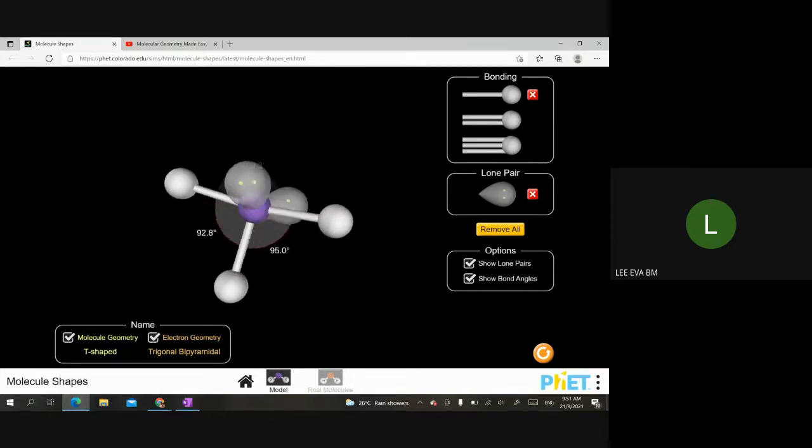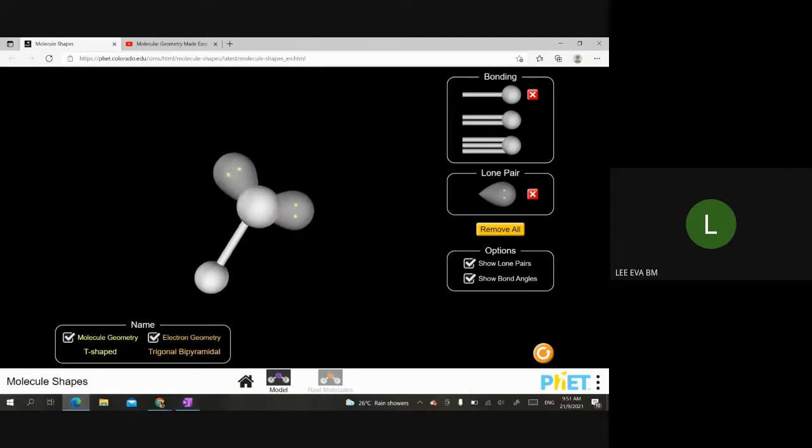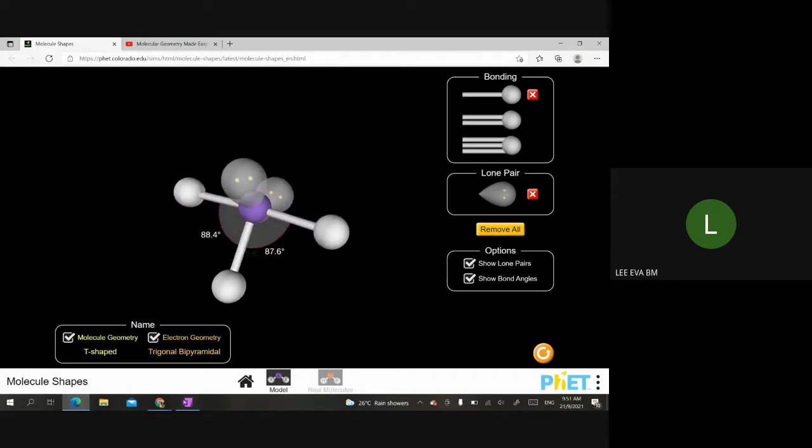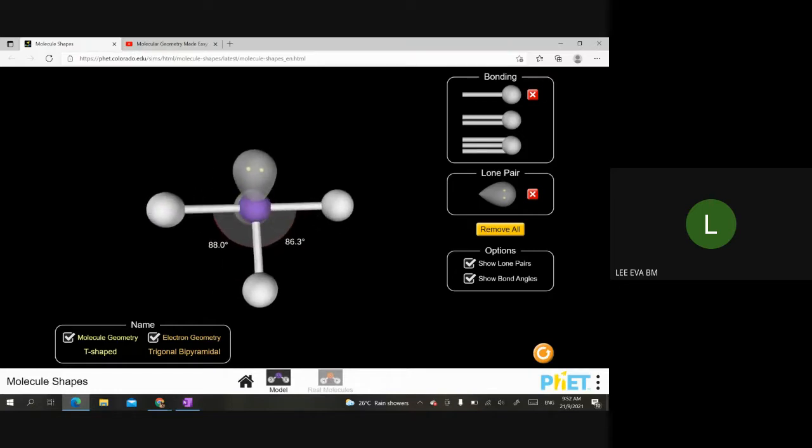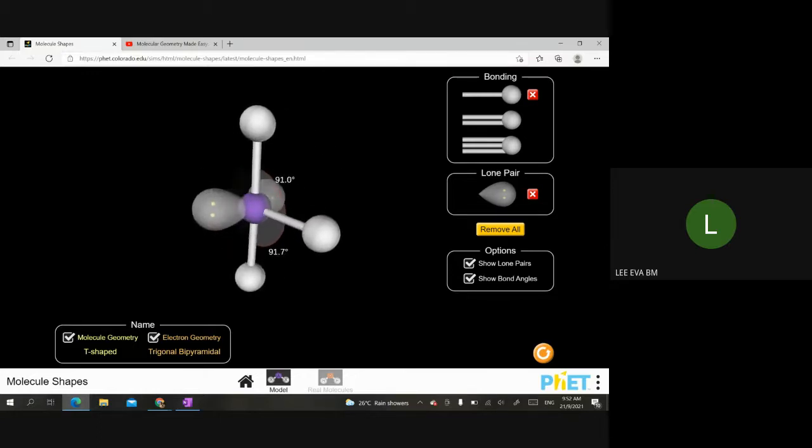Kenapa kita letak lone pair dekat sini? Sebab dekat sini bond angle dia paling besar, 120. So we put on the planar there. Okay. So dekat sini adalah satu T shape. So dalam awak punya diagram yang madam lukis adalah macam ni.